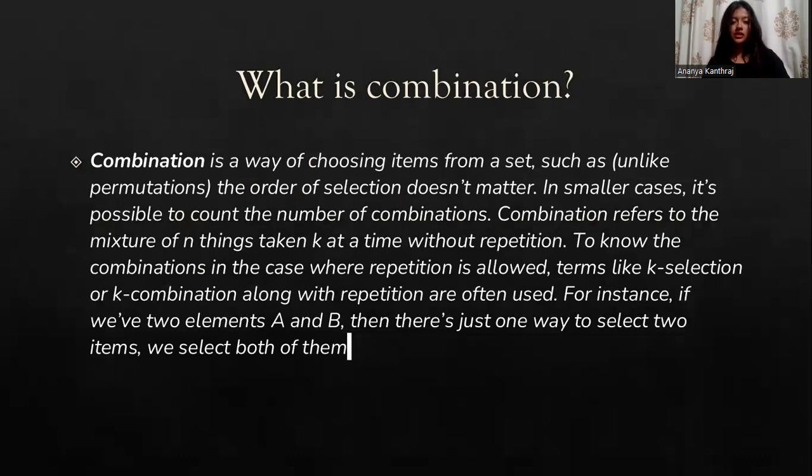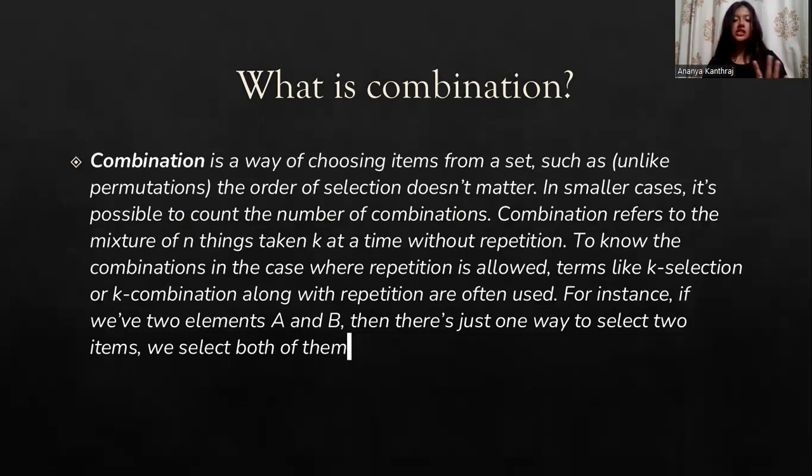A combination is a way of choosing items from a set such that the order of selection doesn't matter, unlike permutations. In smaller cases, it's possible to count the number of combinations. Combination refers to a mixture of n things taken k at a time without repetition.